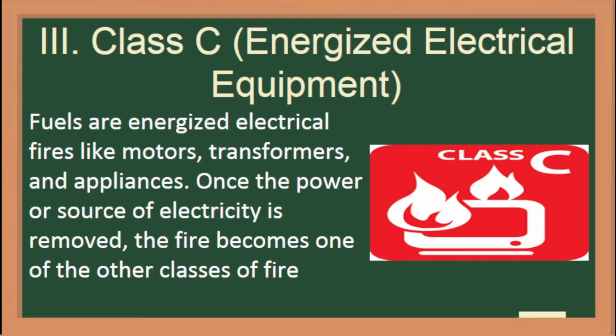Next, number 3, Class C, energized electrical equipment. Fuels are energized electrical fires like motors, transformers, and appliances. It includes all electrical appliances. Once the power or source of electricity is removed, the fire becomes one of the other classes of fire.